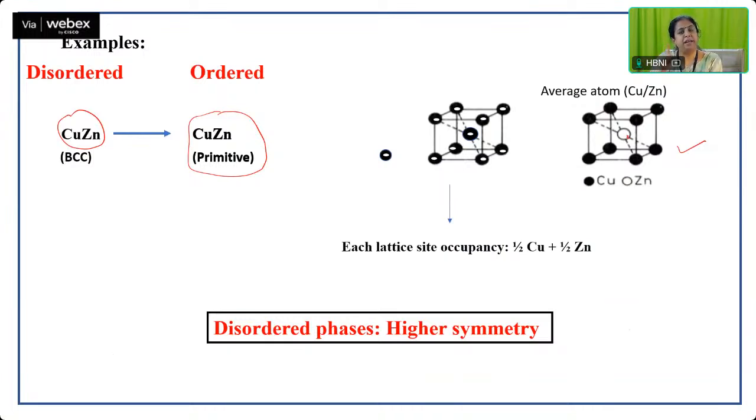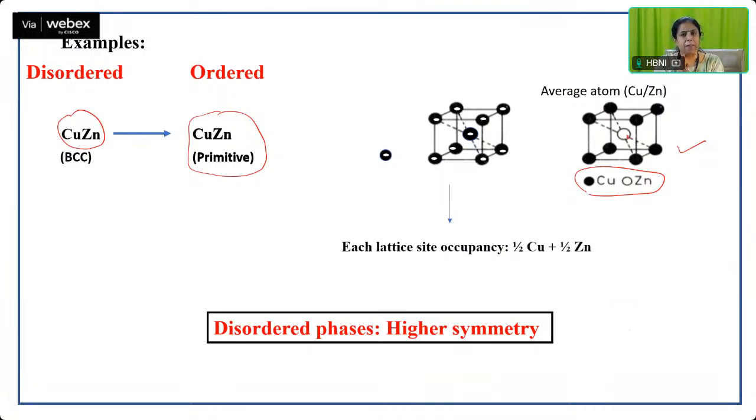You remember I said we can call it body centered only when the atom present at the center of the cube is similar to the atom that is present at the corner. But here, because this is the ordered phase and zinc is everywhere occupying the body center, this is a primitive lattice. With a lot of certainty, I can say that copper is present at the corner and zinc is present at the body center.